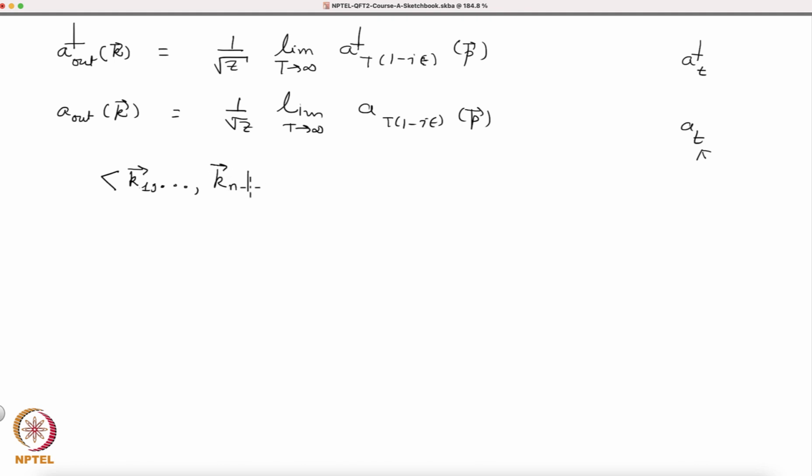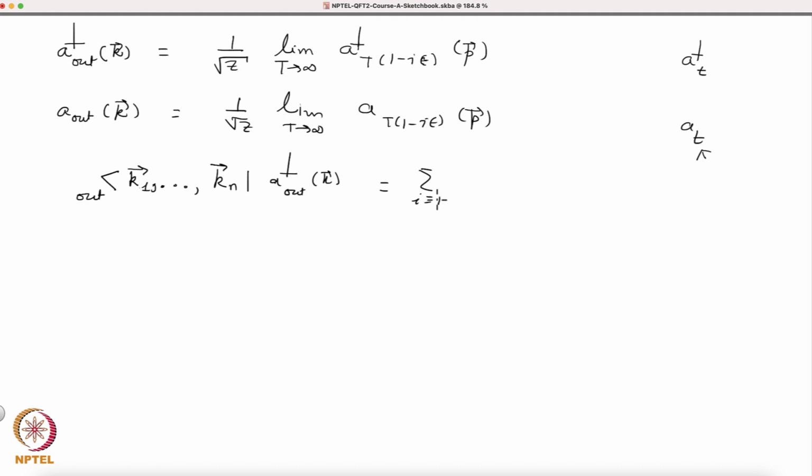So you should be able to arrive at this conclusion, that if you take a out dagger k and act on this bra, then this will remove this label k. If there is a label k sitting in here, then that will be removed.